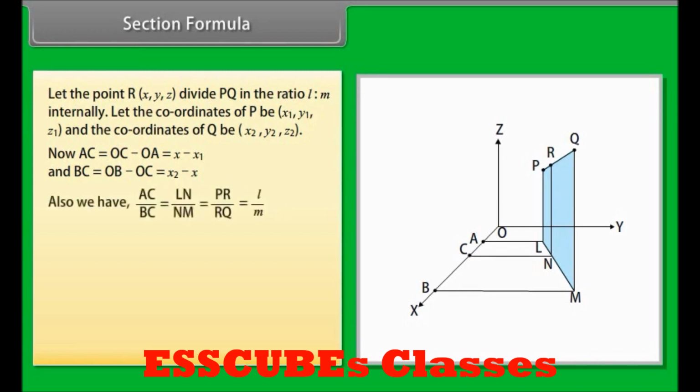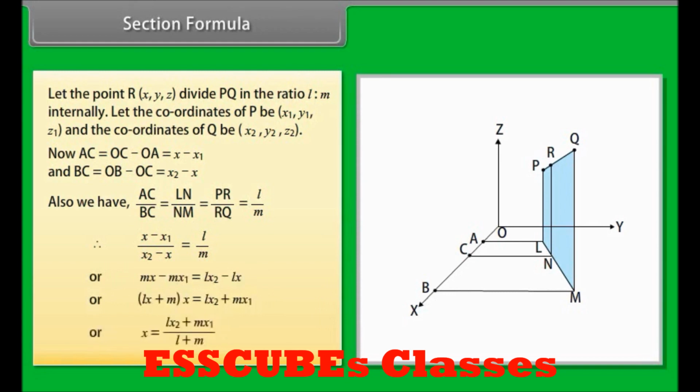Also, we have AC/BC = LN/NM = PR/RQ = L/M. Therefore, (x - x1)/(x2 - x) = L/M. On solving, we get x = (Lx2 + Mx1)/(L + M).